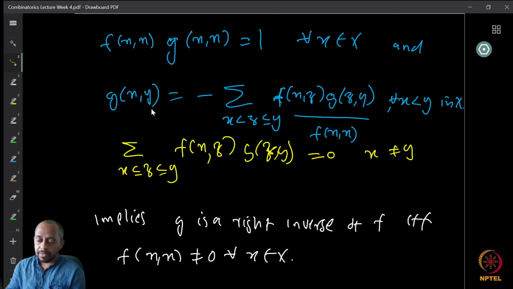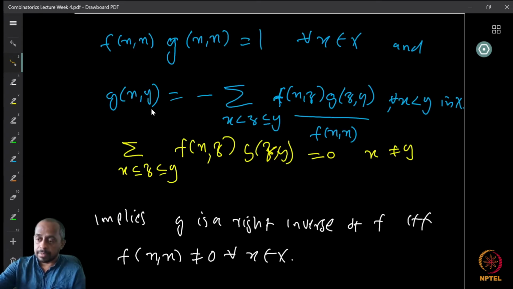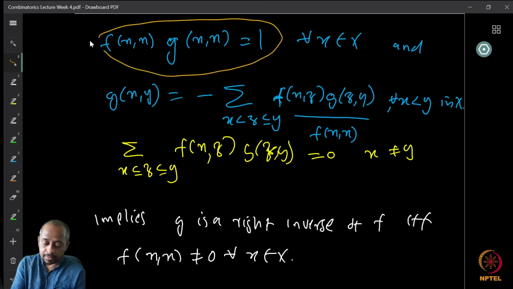Therefore, if g is an inverse of f, then g should be defined. If it should be defined, then f of xx cannot be 0. I mean, f of xx is not 0 because f of xx times g of xx is equal to 1.